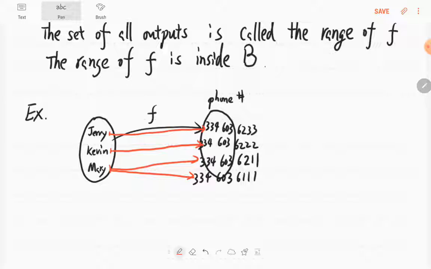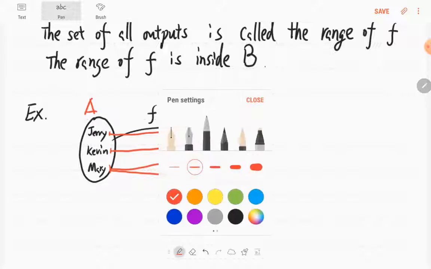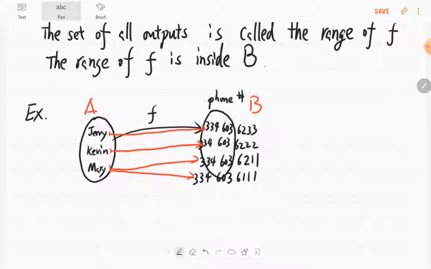So you can see that f will map the elements in the left set to the right set. However, f will map Mary to 2 elements in the right set. This is set A and this is set B. So it does not satisfy the definition of the function.